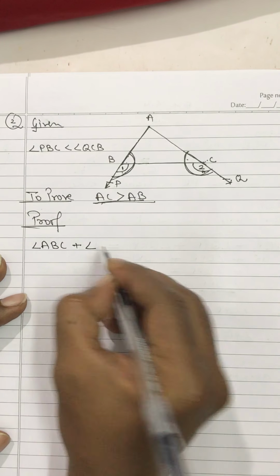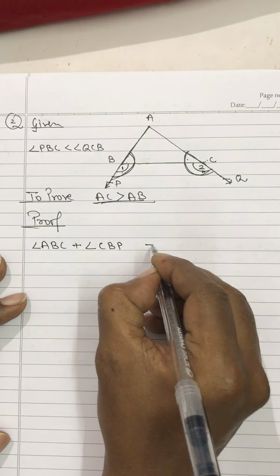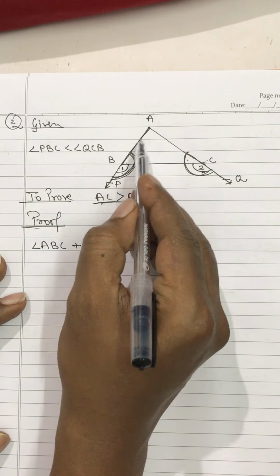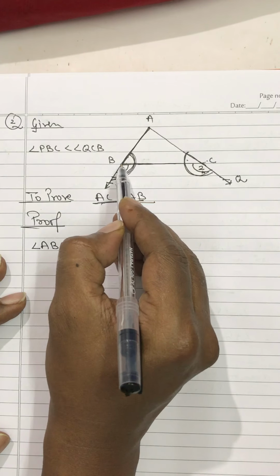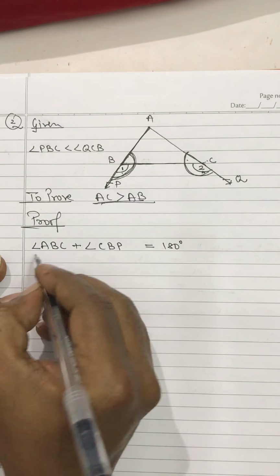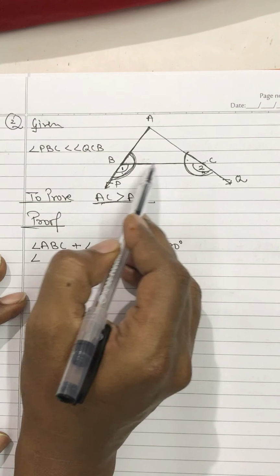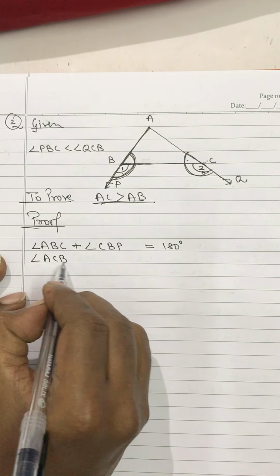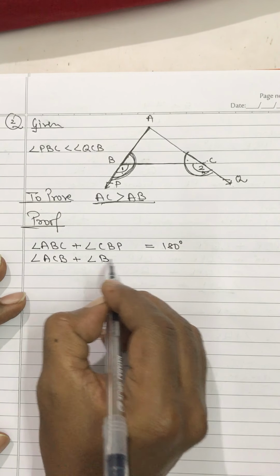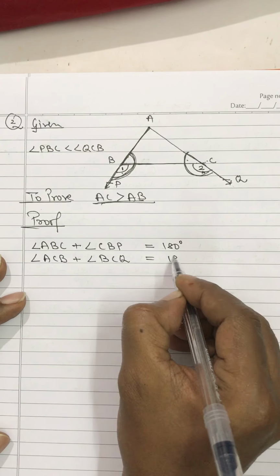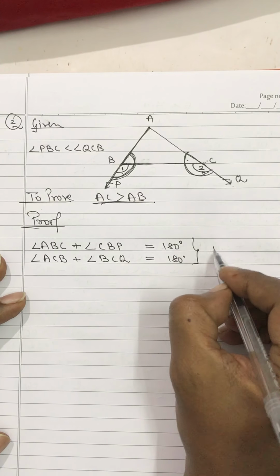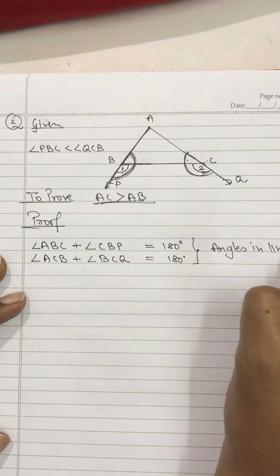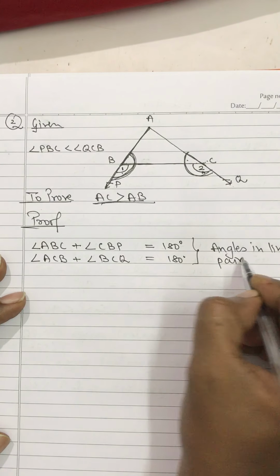ABC plus angle CBP is equal to 180 degrees, right? I am applying angles in linear pair over here. Angle ABC plus angle CBP is equal to 180 degrees. Similarly here, angle ACB plus angle BCQ is also equal to 180 degrees, and the reason for both is angles in linear pair.